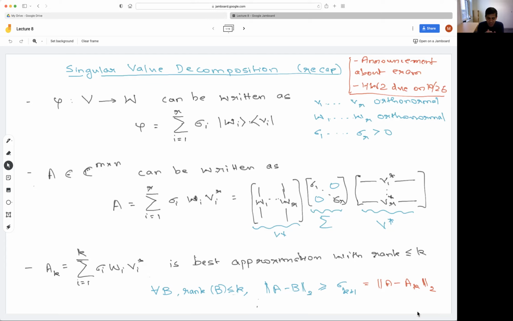And rank here is used as a measure of how simple a matrix is, because rank is just the dimension of the image. If rank is 1, it just means that the image is one dimensional, or it lies in a small subspace. So any output this matrix gives you is just a scalar multiple of a vector, which maybe is the basis for this one-dimensional space.